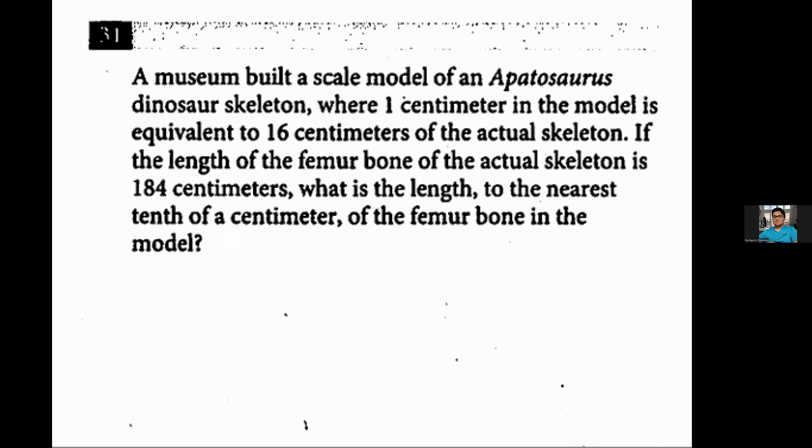Okay, so for question 31, we have 1 centimeter is 16 centimeters in the actual skeleton. If the actual length is 184, what is the length of the model? Well, we take 184 and divide by 16, which is, I think, 11.5, right?